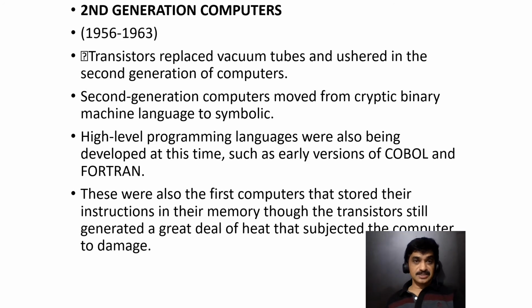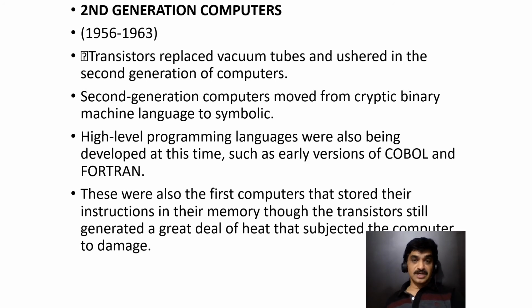If you see the second generation computers, which varied between 1956 to 1963, as we discussed, vacuum tubes were successfully replaced by transistors. So that is why size was reduced. Here it moved from cryptic binary machine language to symbolic machine language.